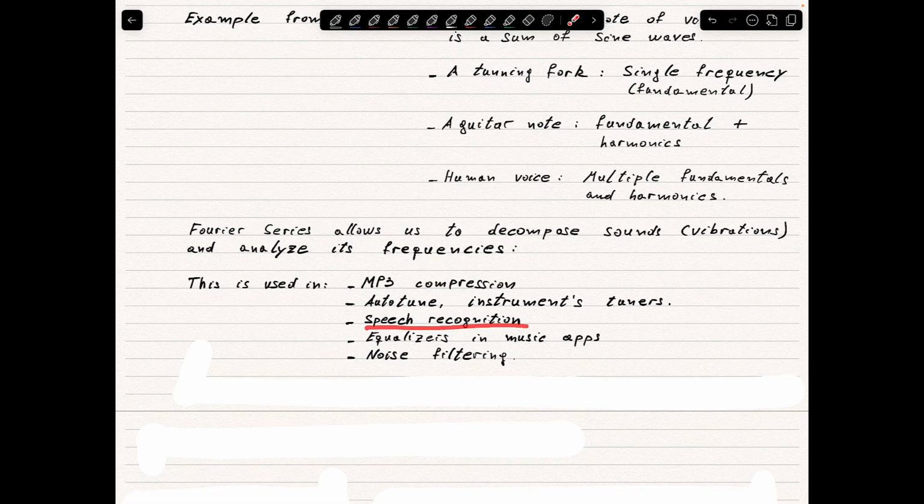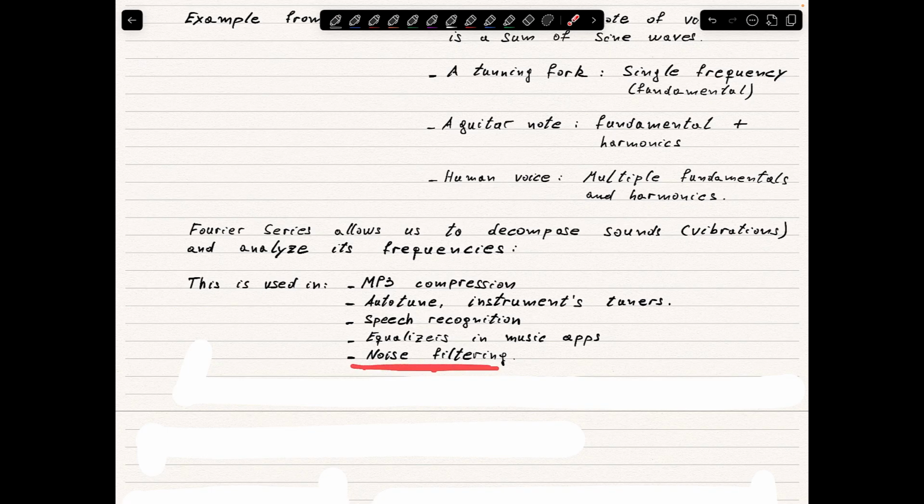Speech recognition: you get some input, some voice, you decompose it in Fourier quantums of vibration, and you analyze the contribution of each of these terms, sines and cosines. Equalizers do something similar. They decompose the music in frequencies, and you can tune individual frequencies.